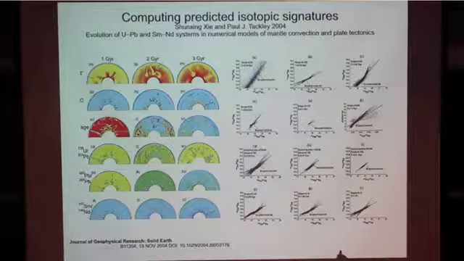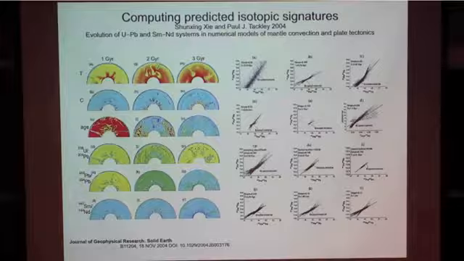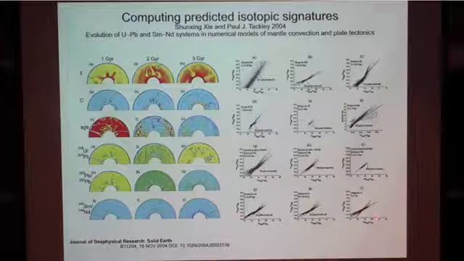So this is a lead-lead diagram. I think there's a neodymium, is that samarium or strontium? I think that's a samarium diagram. So they basically are producing correlation diagrams between the different isotope systems that they're tracking, and then looking at what they should be.